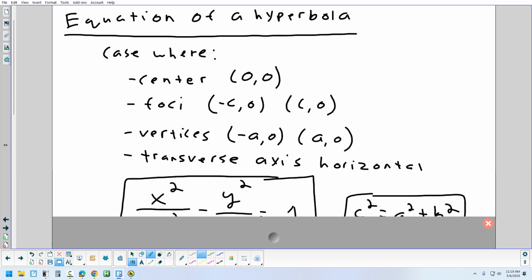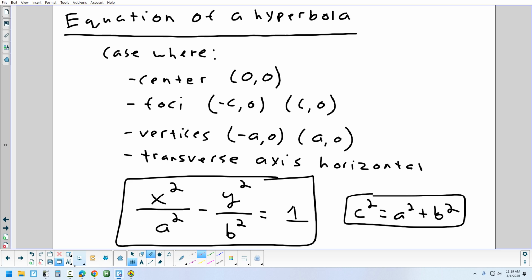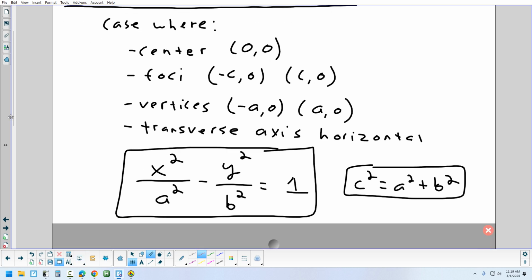Let's look at our equation, and I just want you to tell me what looks different about that equation than the one we had for an ellipse. Yep. The symbols are different between the two equations.